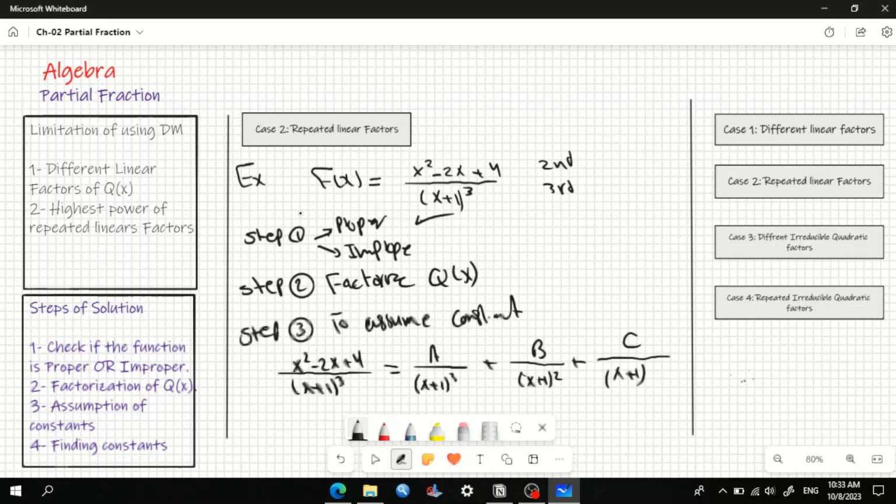This is the only difference from the last case of different linear factors. We have repeated linear factors, so just write these factors in descending order, starting from the highest power down to the first power.